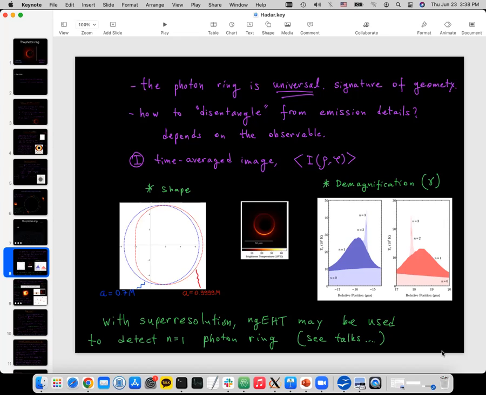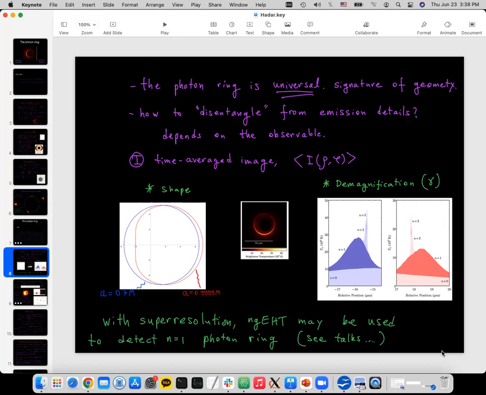If we can measure that with good enough resolution, then we can look at two different things which can give us information about the black hole and about general relativity. One of them is the shape of the critical curve, the shape of the photon ring, since the photon ring tracks quite closely, and closer as n grows, this critical curve.